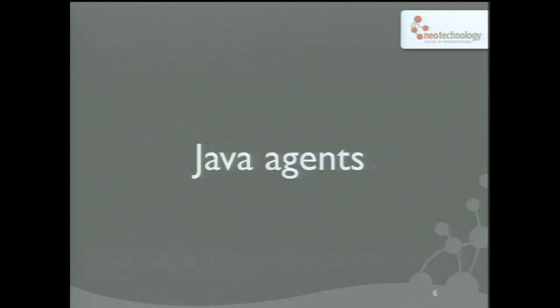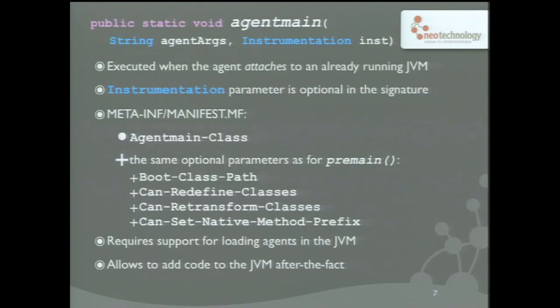There's something called a Java agent. As you saw in the command line there, this is called a Java agent, but there's another kind of agent, which has an agentmain method. The difference between premain and agentmain is that premain gets executed before the main method gets executed, if you specify the Java agent on the command line.